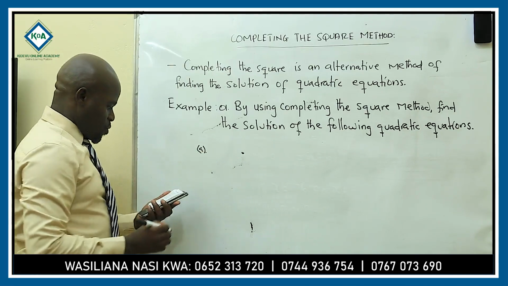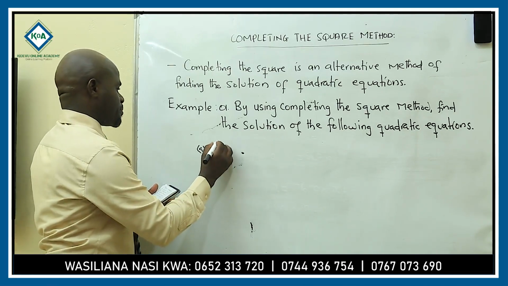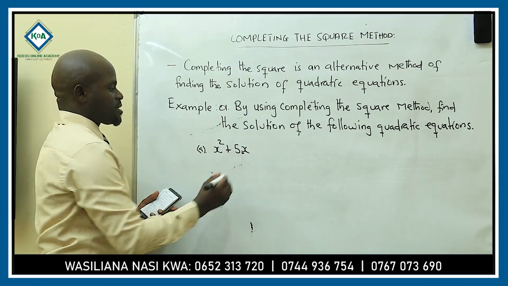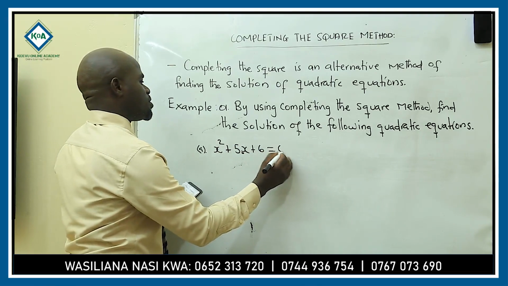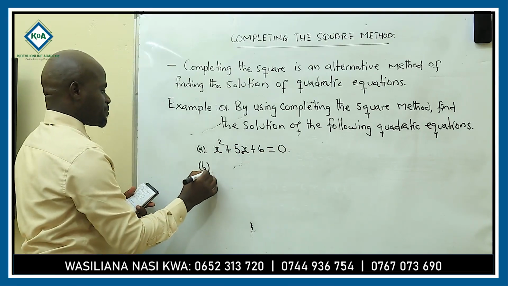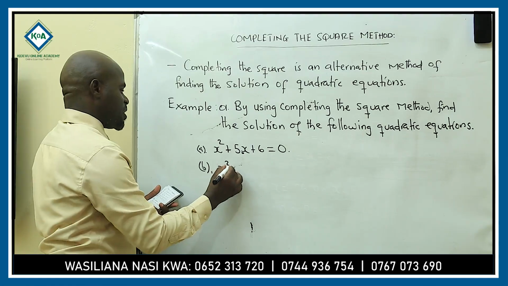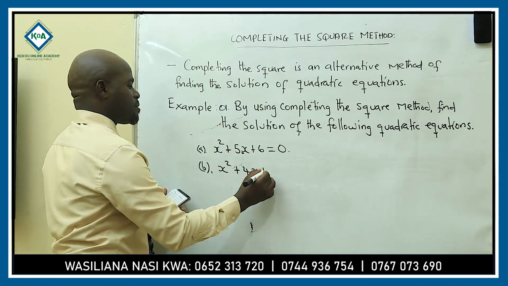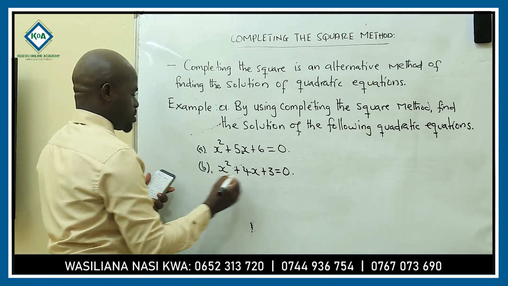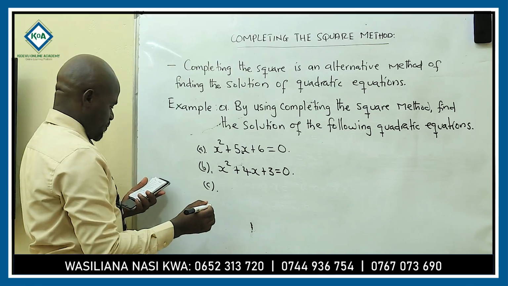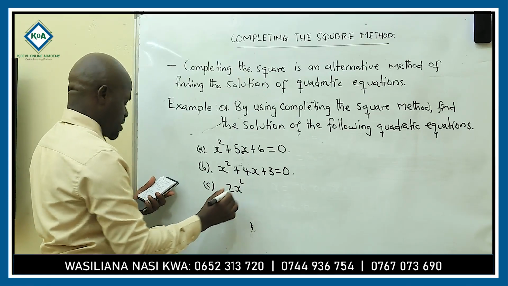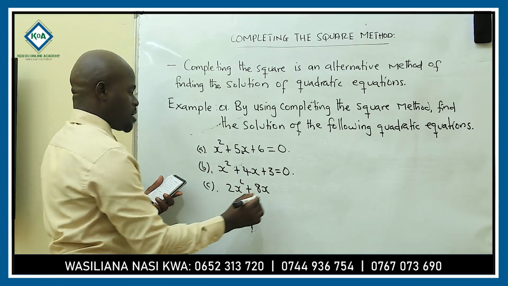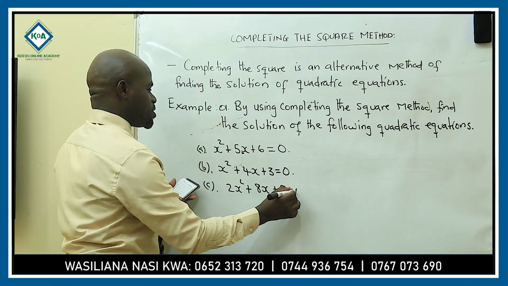A, we have x squared plus 5x plus 6 is equal to 0. B, we have x squared again plus 4x plus 3 is equal to 0. C, we have 2x squared plus 8x plus 8 is equal to 0.